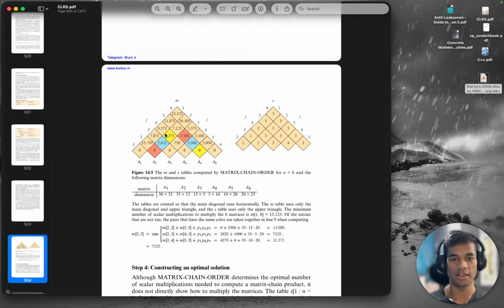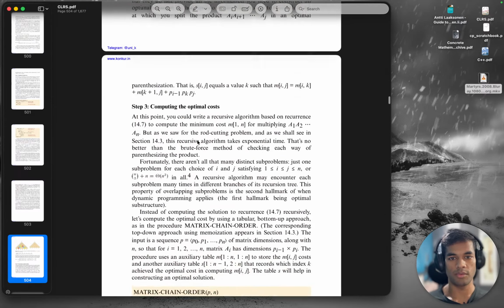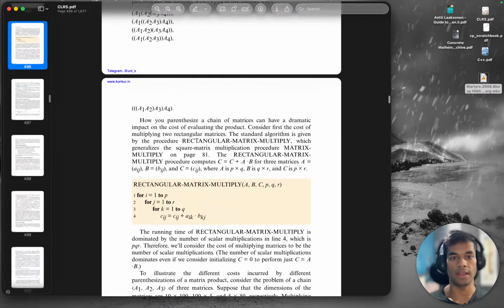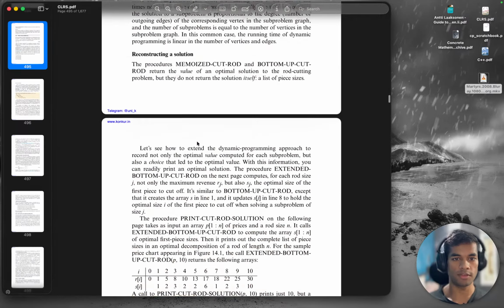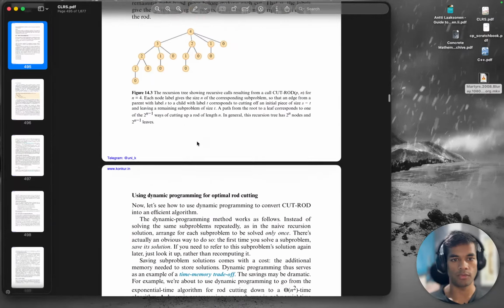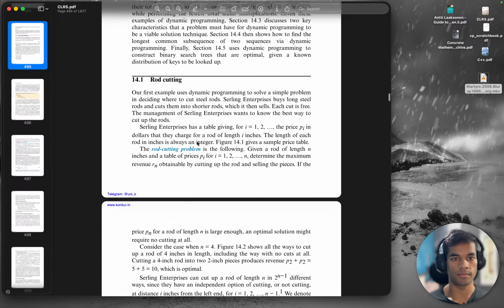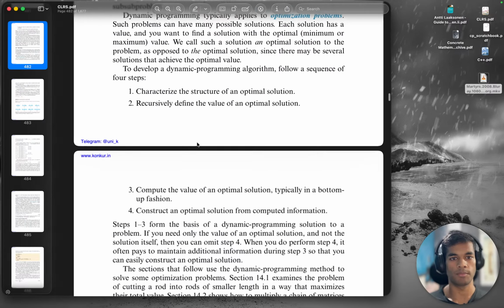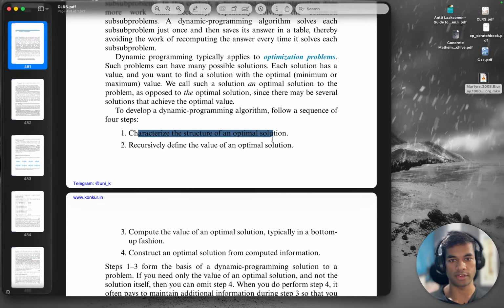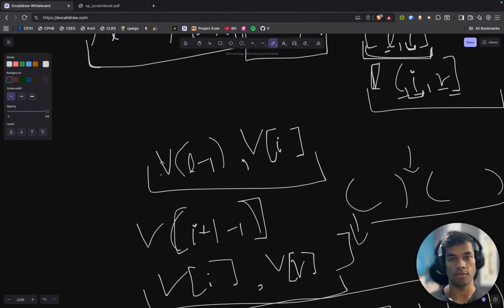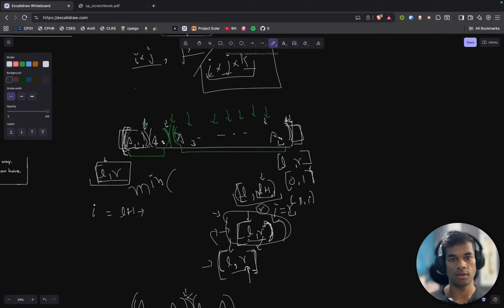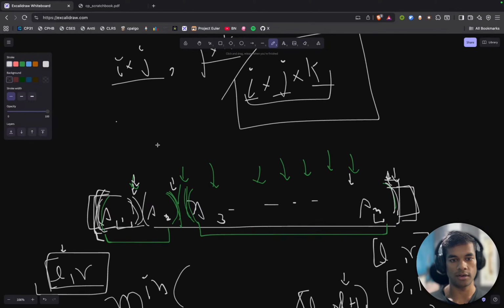Vim is amazing. Okay, so now we do know the initial number of steps that we have to perform when we are doing some dynamic programming question. There were 4 things. We characterized the structure of an optimal solution, what an optimal solution looks like, which is we keep moving our pointer.